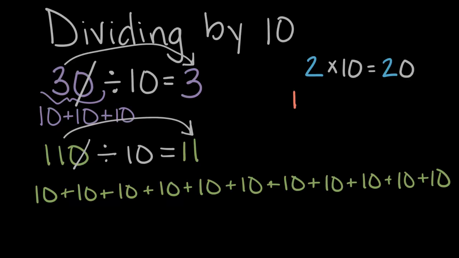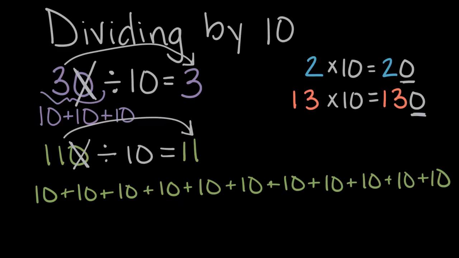Remembering another one, something like 13 times 10, our product, our solution, is a 13, the original number, with a 0 added to the end. So in multiplication, when we multiply by 10, we add a 0 to our whole number at the end. And when we do the opposite, divide by 10, we take off a 0 from the end of our whole number.